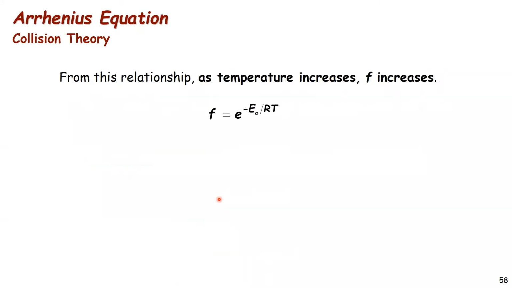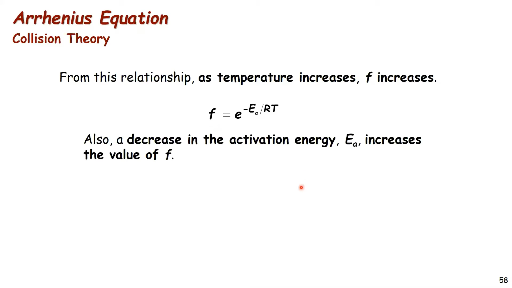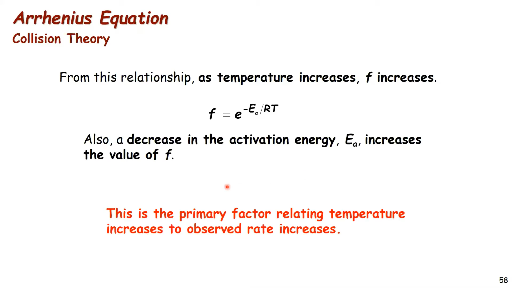So as the temperature increases, F increases. As the activation energy decreases, F increases. This is the primary factor that relates temperature to the overall increase in rate that we see for a chemical reaction.